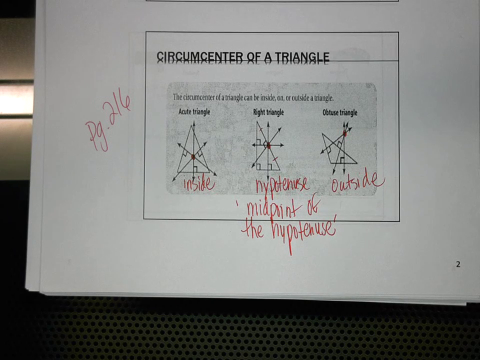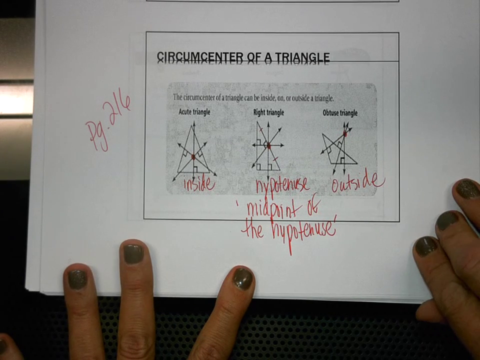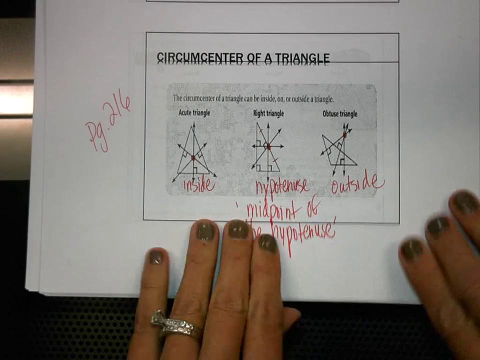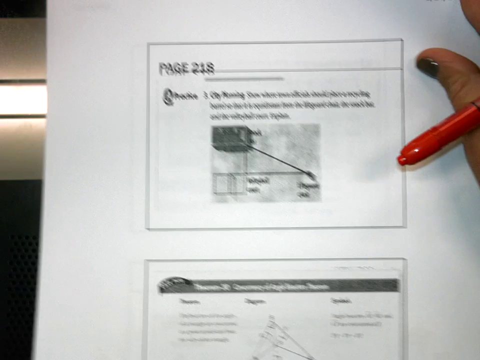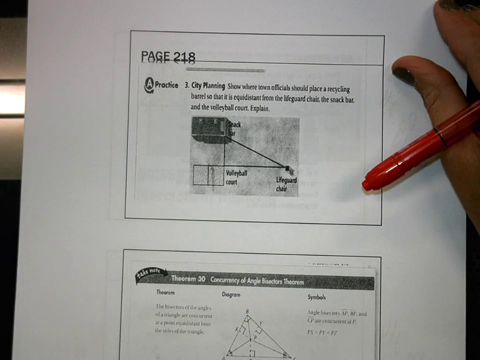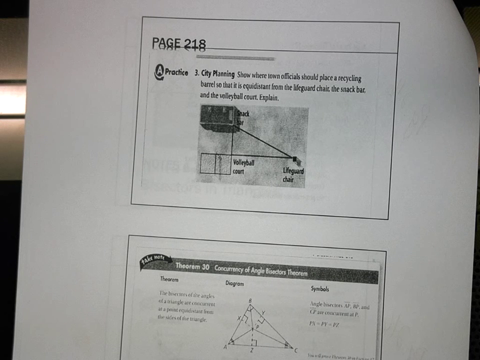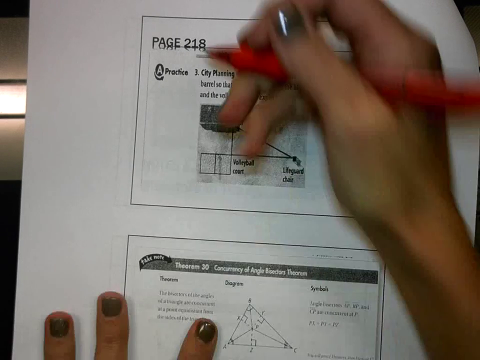Okay, does everybody have this? All right, turn to page 218 now. So I want you to look at that figure. In this city planning, they want to place a recycling barrel so that it's equidistant. And what does equidistant mean?